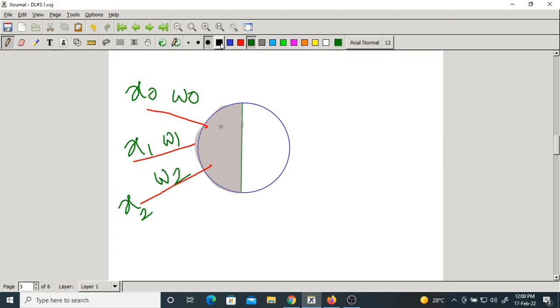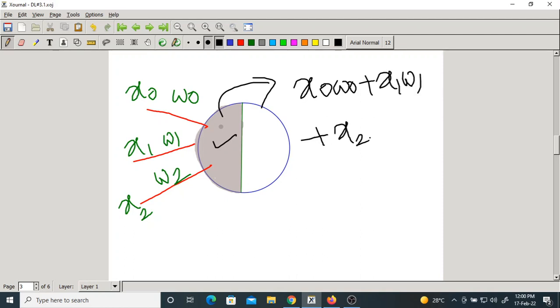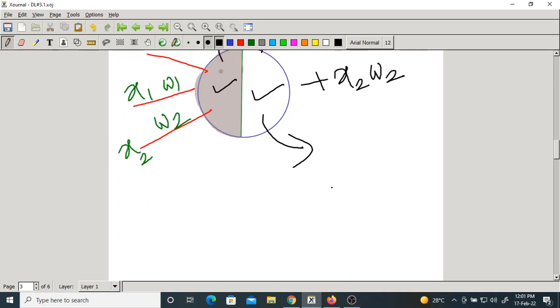Do you remember this? We took the aggregation or weighted sum: X0 W0 plus X1 W1 plus X2 W2. That is the pre-activation. Then we take the activation, we take some decision.